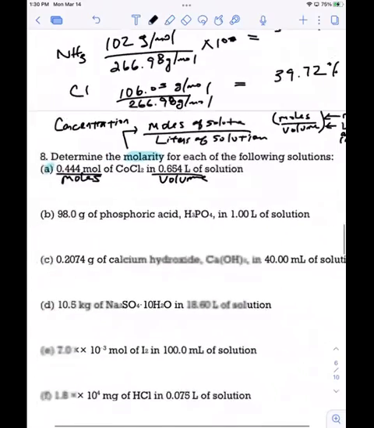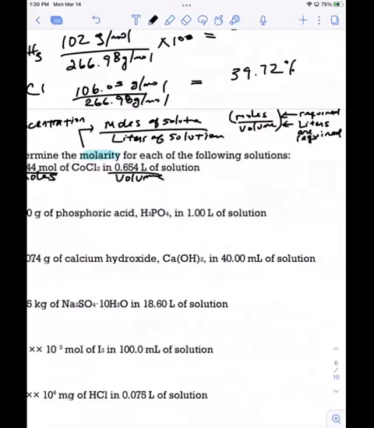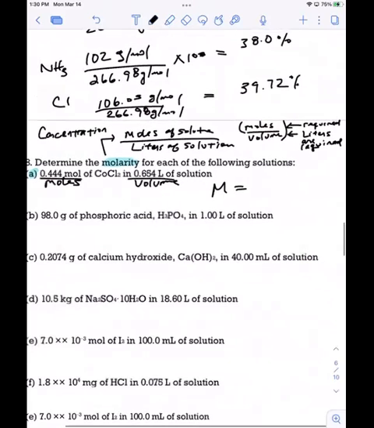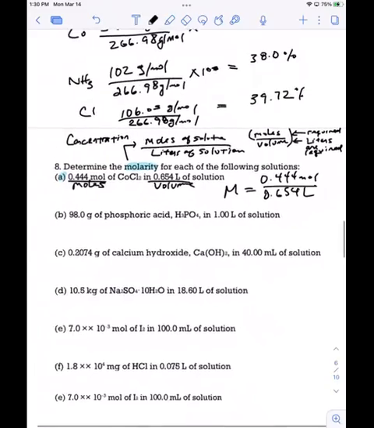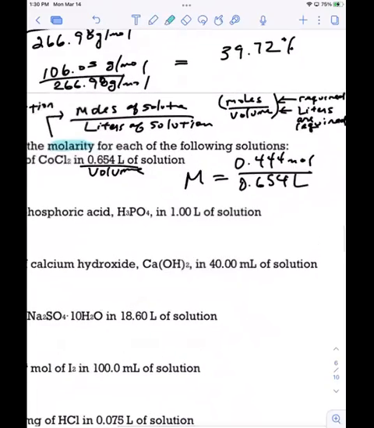We can take that as is, put those two numbers over each other, and then you'll see big M, which is molarity, is 0.444 moles divided by 0.654 liters.